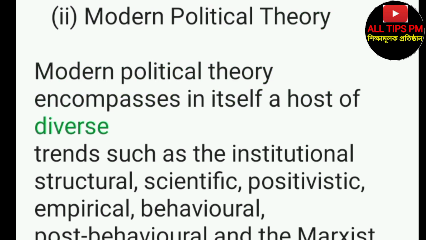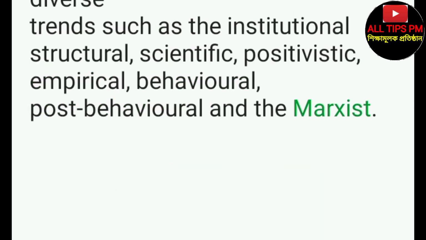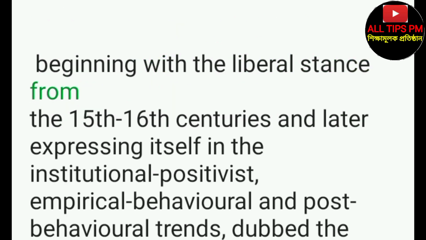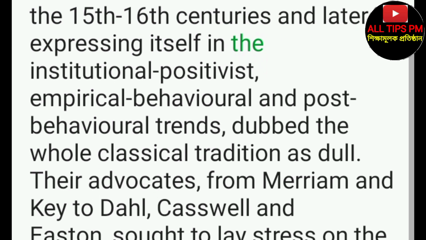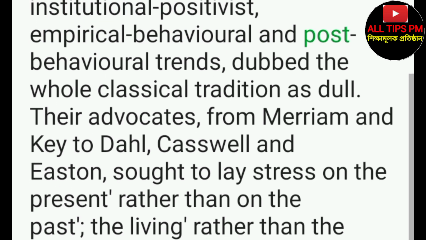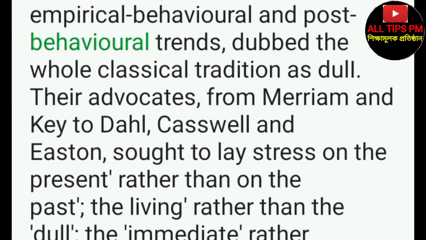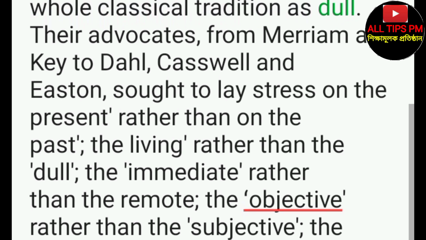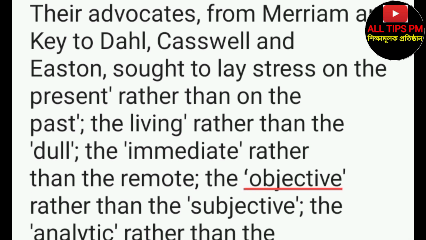Modern political theory. Modern political theory encompasses in itself a host of diverse trends such as the institutional, structural, scientific, positivistic, empirical, behavioral, post-behavioral, and the Marxist, beginning with the liberal stance from the 15th, 16th centuries and later expressing itself in the institutional, positivist, empirical, behavioral, and post-behavioral trends, dubbing the whole classical tradition as dull.